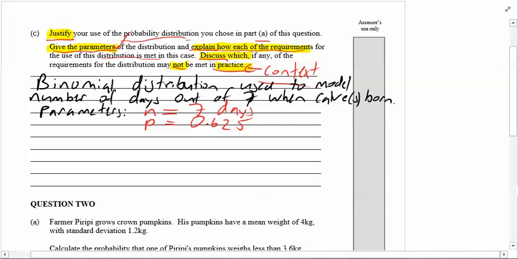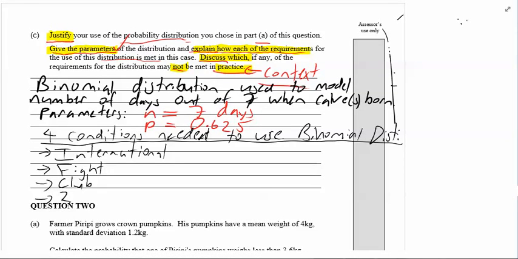Alright, explain how each of the requirements for the use of this distribution is met. With the binomial distribution, there's an acronym, well it's not really an acronym, it's a checklist that you can use. Can you remember what that checklist is? There are 4 conditions needed to use the binomial distribution, and the way to remember it is International Fight Club 2.